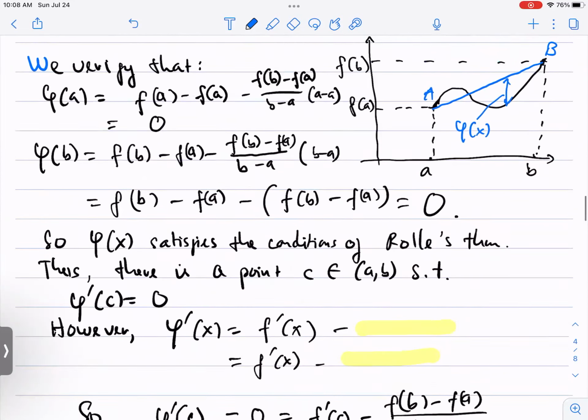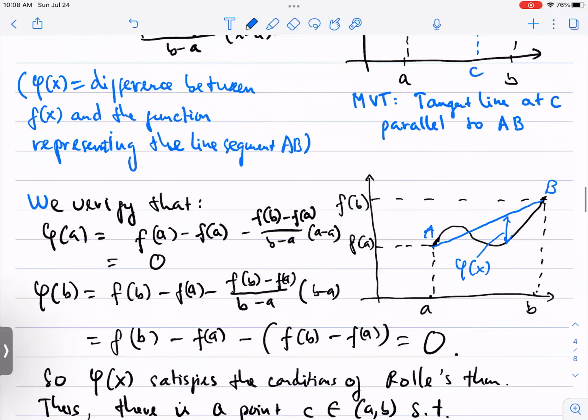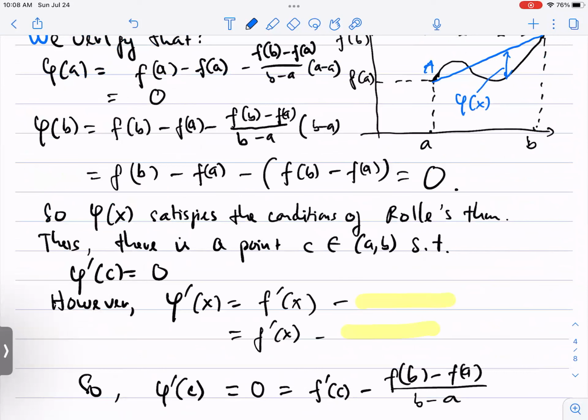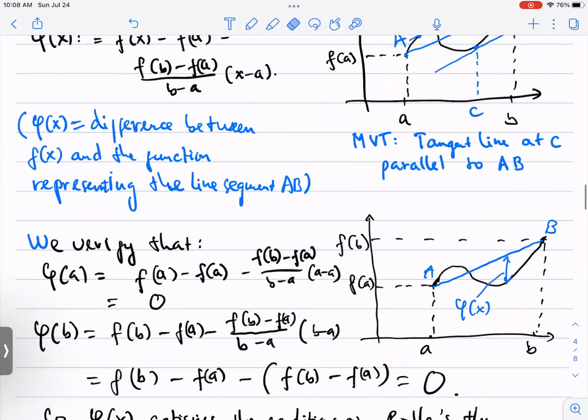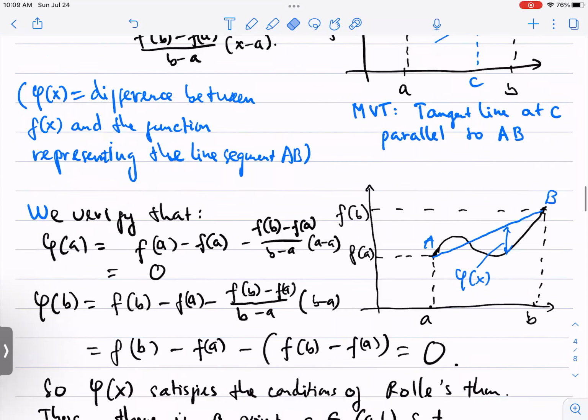However, if we go back to the definition of this function phi of x, we see that phi prime of x, the derivative of the function, is essentially equal to f prime of x minus the derivative of the expression (f(b) minus f(a)) divided by (b minus a) times (x minus a). f of a is a constant, so taking its derivative is equal to 0, and it doesn't contribute to our calculation.